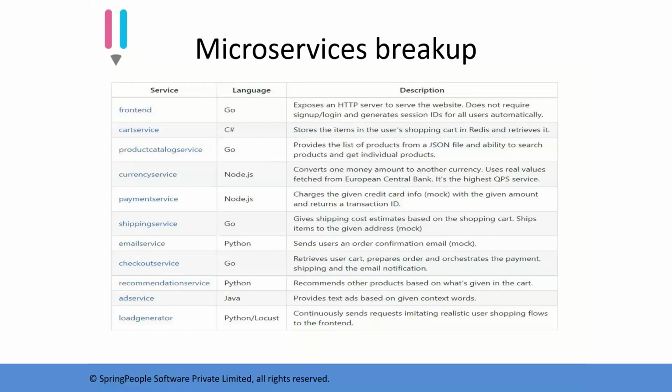Then we have cart service, currency, payment, email, different services, mini applications on their own, built using different language stacks, deployed and run as containers. Together, they interact with each other, and you have a meaningful application.